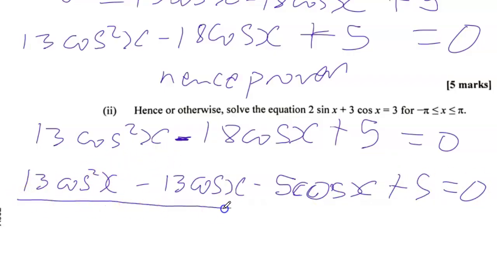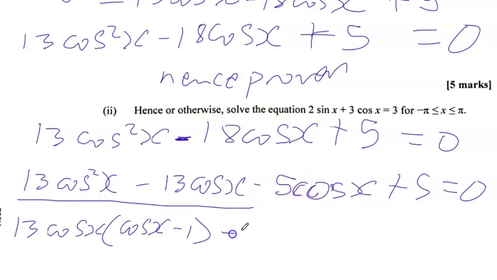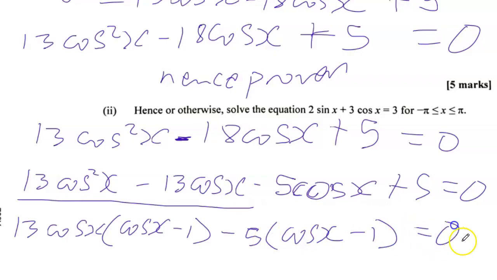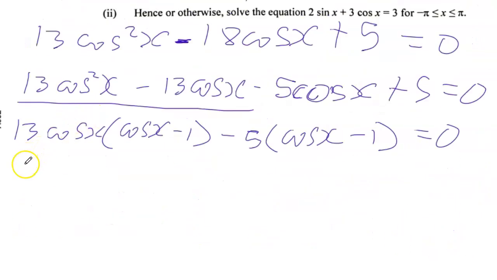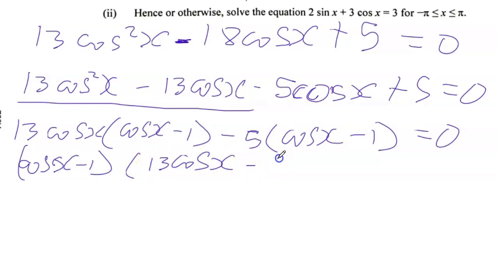So the first pair, we can factor out 13 cos x. We're left with cos x minus 1. Next, factor negative 5. We're left with the same cos x minus 1. So we have a common bracket there. So we can factorize: cos x minus 1 is the common bracket, times 13 cos x minus 5.